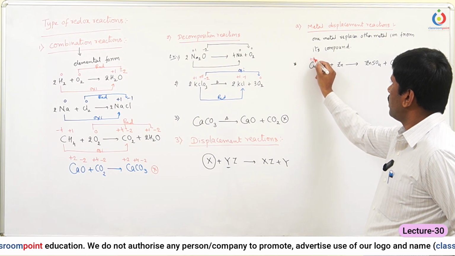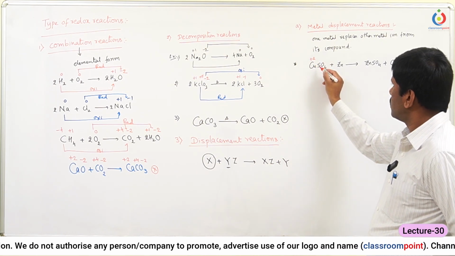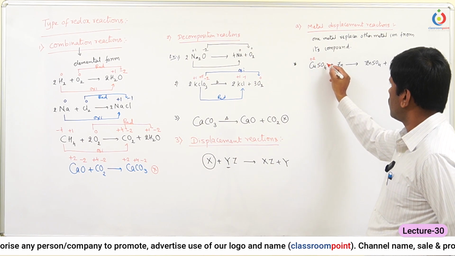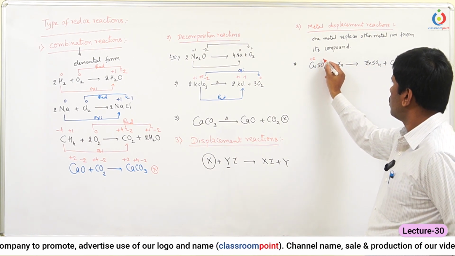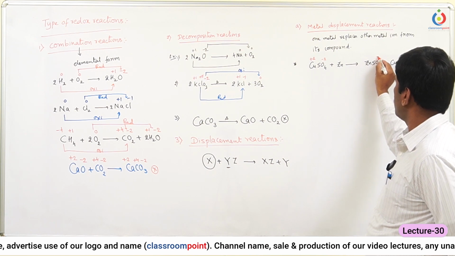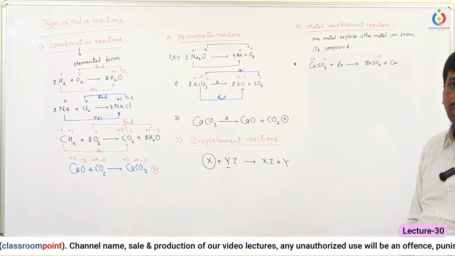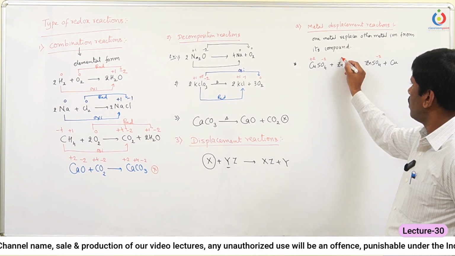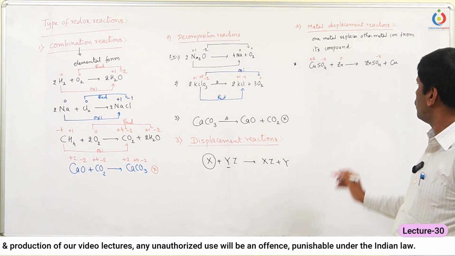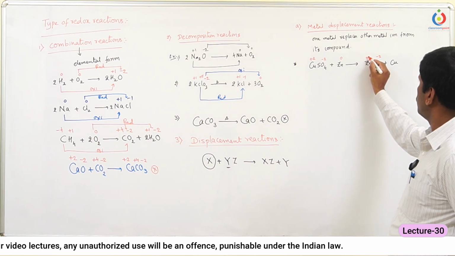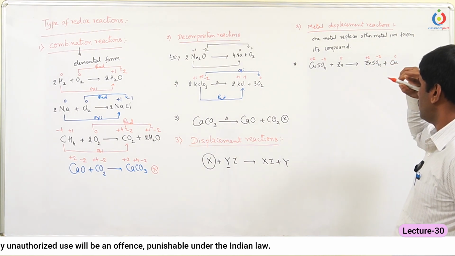Oxidation state of copper in copper sulfate is +2. Sulfur and oxygen are all in the sulfate form, so I am directly taking sulfate oxidation state as -2. There is no change in the oxidation state of either sulfur or oxygen. Zinc oxidation state in the elemental form is 0. Here it is +2, whereas copper becomes 0.